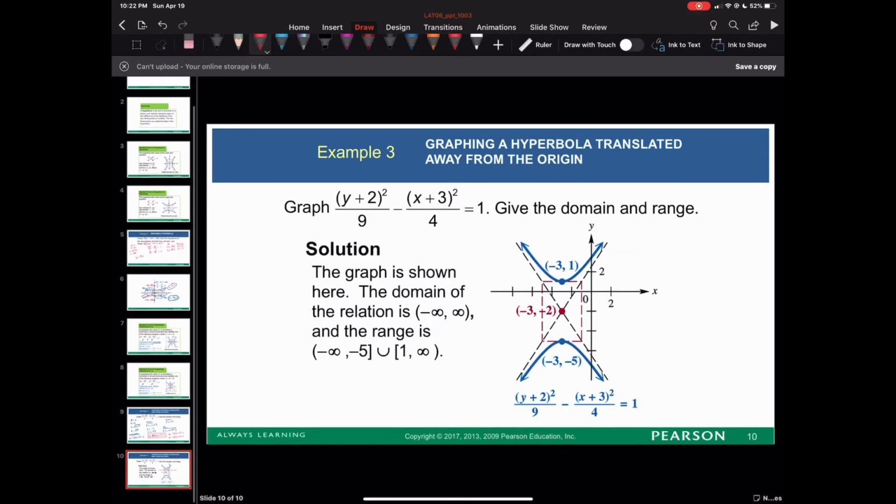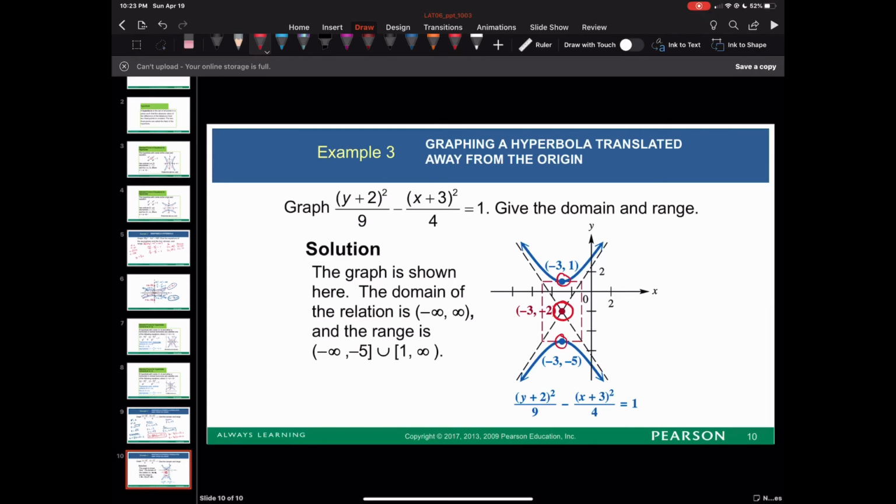So let's look at the actual graph of this. So we have (-3, 1), as we found for the vertex. Then we have (-3, -5), what we found, and we found the center. All right, so we found these points.